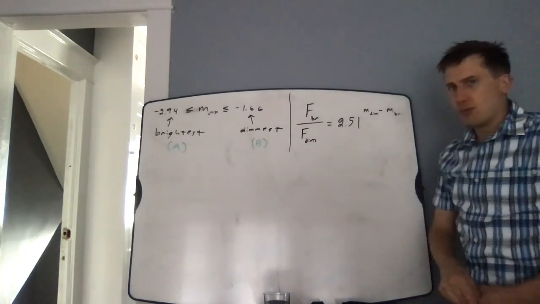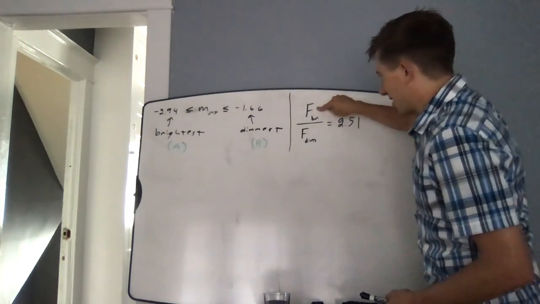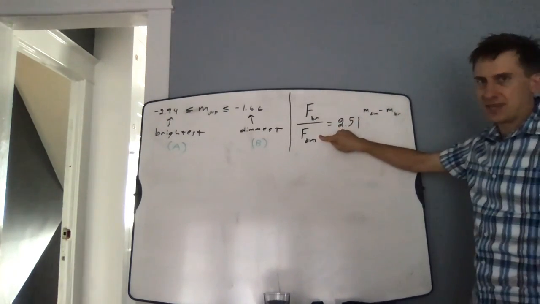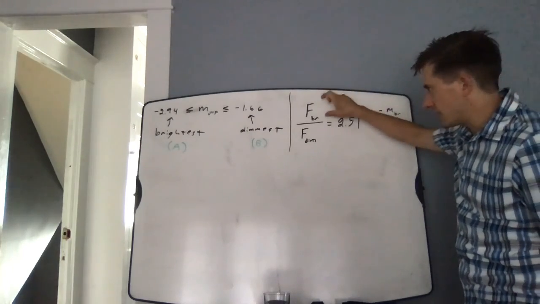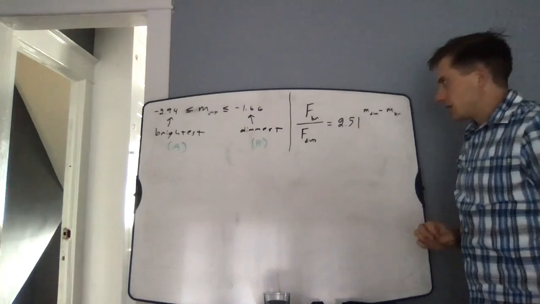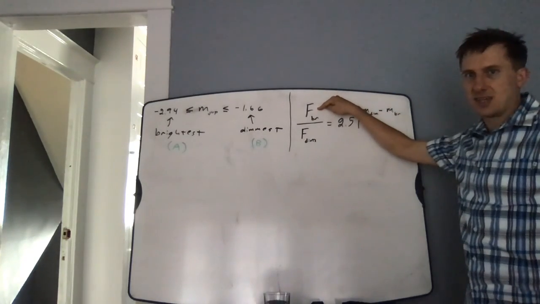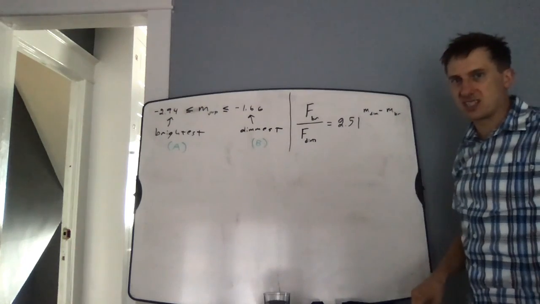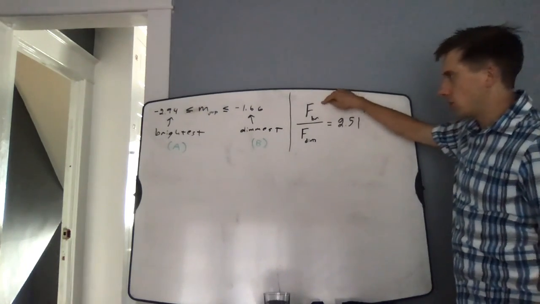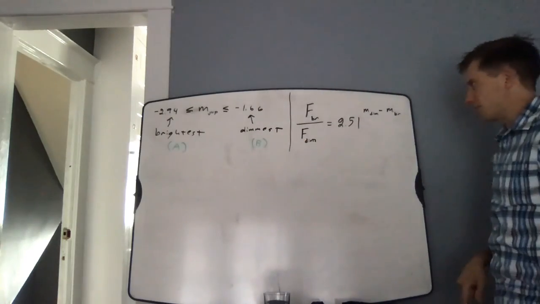If Jupiter gives off more light when it's at its brightest, that means FBr will be larger than FDim. And when I divide a big number by a small number, I get something greater than 1. The problem is asking for how much brighter is Jupiter when it's at its brightest. So I want Jupiter at its brightest to be upstairs, which is why I chose F bright to be A and FDim to be B.